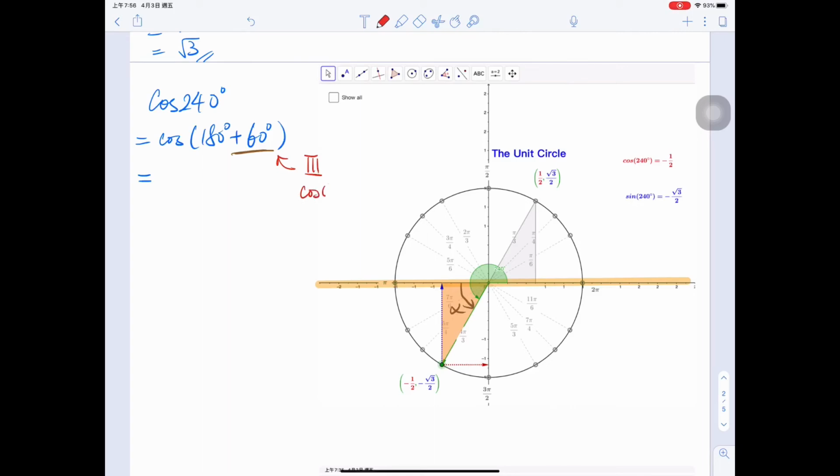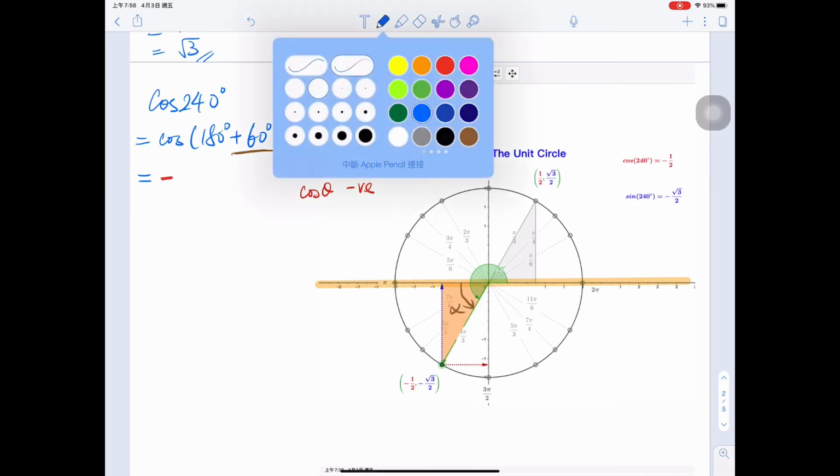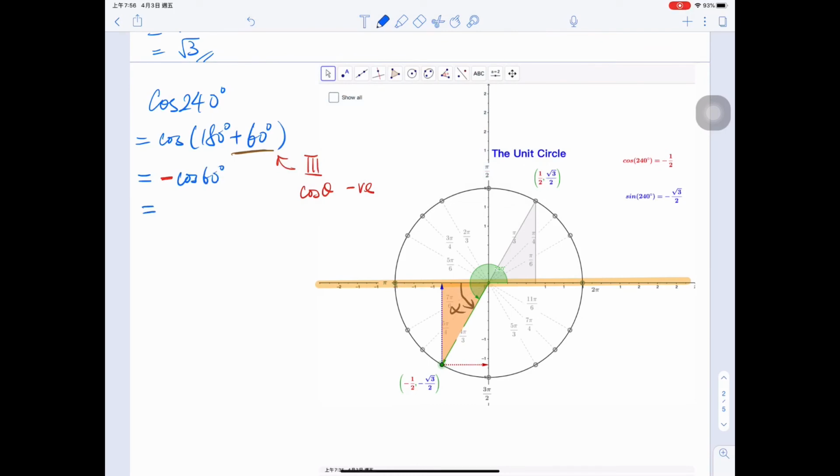Then what is cosine theta, positive or negative? Well, this one is negative. So here, negative cosine 60 degrees. And you see that cosine is the x coordinate, that means negative 1 over 2 over r. r is 1 because it's a unit circle. So here negative 1 over 2.